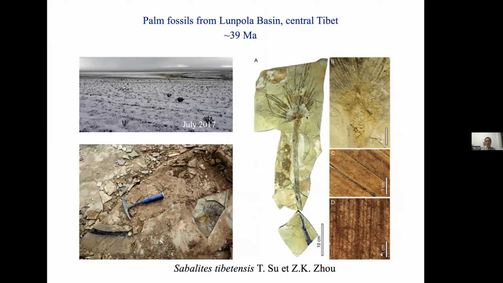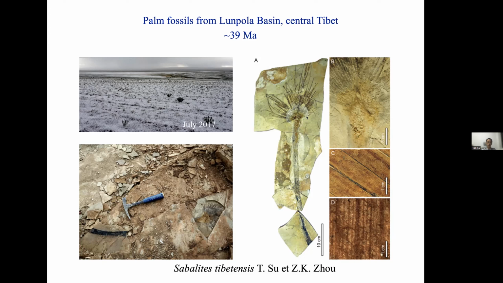One interesting fossil record is palm. As you know, palm grows mainly in tropical regions, like in Xishuangbanna, where I work. In our botanical garden we grow a lot of palms, many palm species. But in the fossil site, you see it's very high and very cold.